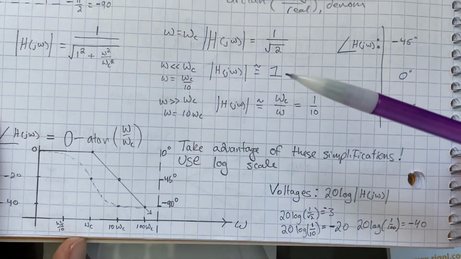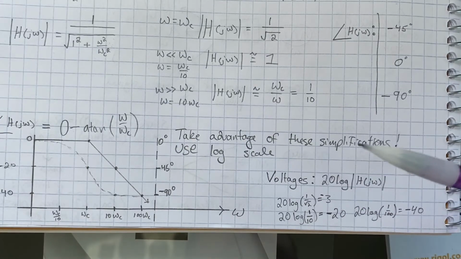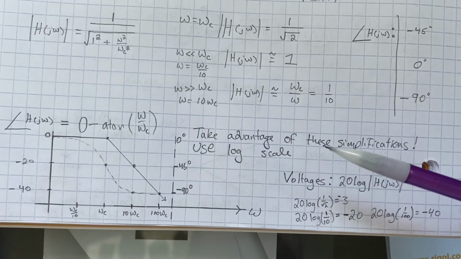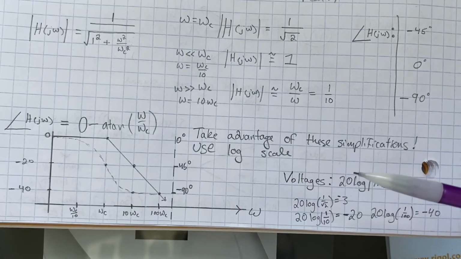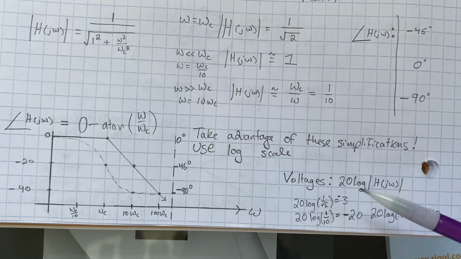And the reason we're using these simplifications here is because when we plot transfer functions, we typically use a log scale to take advantage of these. And if we're taking log scale for voltages, we usually use 20 times the log of the voltage.